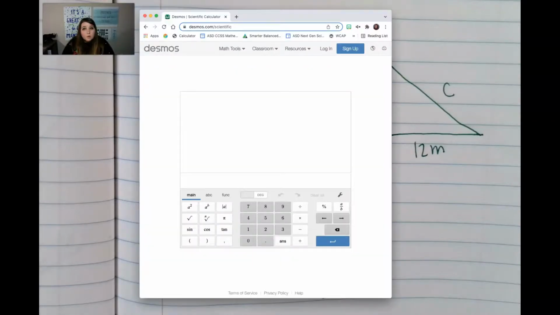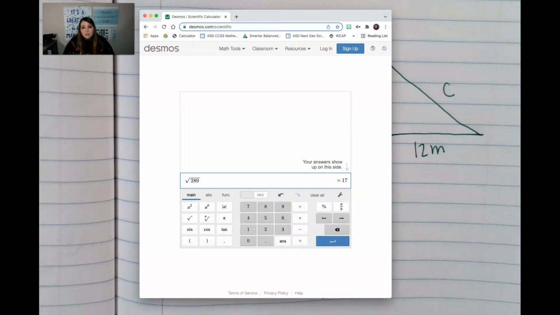Okay, so if you go on to Google and you just search Desmos Scientific Calculator, you will find this one. You can just plug in what you're looking for. So we want to find the square root of the number 289. And then it tells you your answer right here. It is 17.